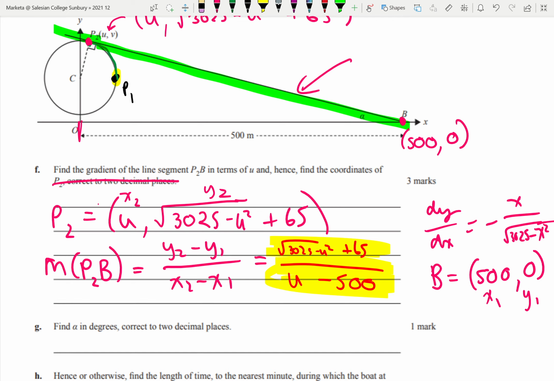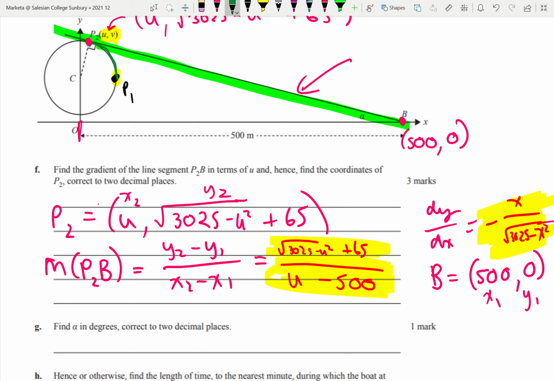Here they're saying to us, and hence find the coordinates of P2. So we want to know what u equals, and hence then what the y value, or v, yes, it was v. We want to know what that point is, and we want to get some sort of value for that. So let's see, we've got 2 equations for gradient, and well, this is simultaneous.